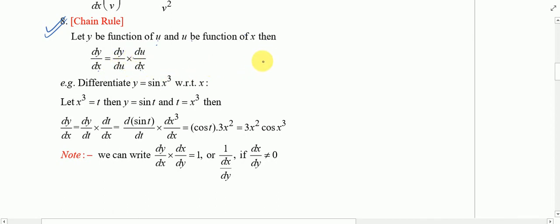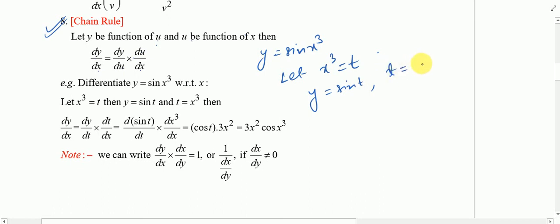For example, let's say y is equal to sin x cube. Here I can put x cube as t. Then your y will look like sin t, and your t is going to be x cube.